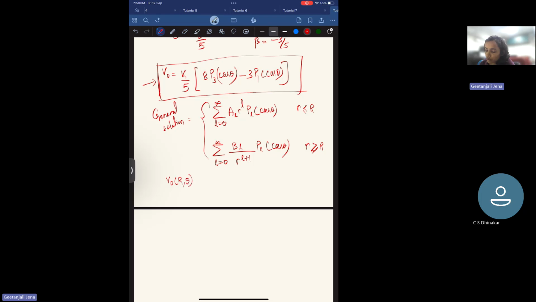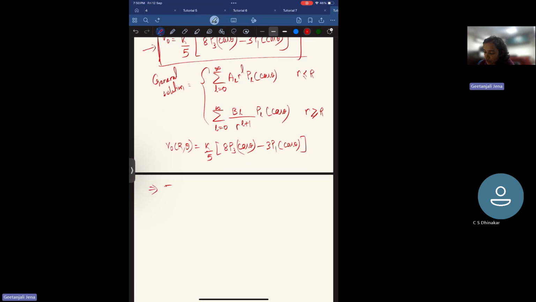At R equal to capital R, it should be K/5 times (8 P3(cosθ) minus 3 P1(cosθ)).